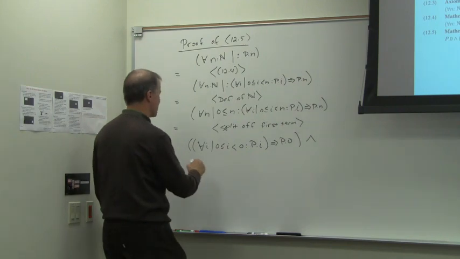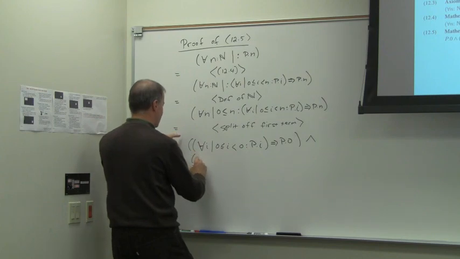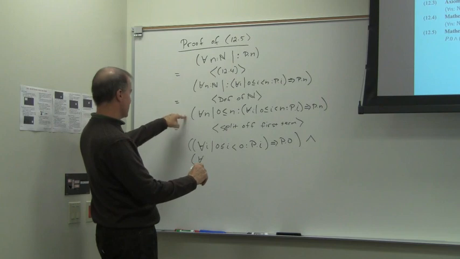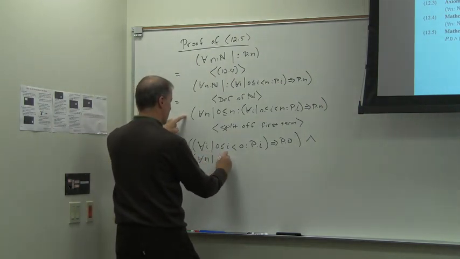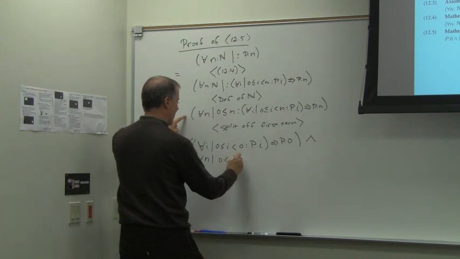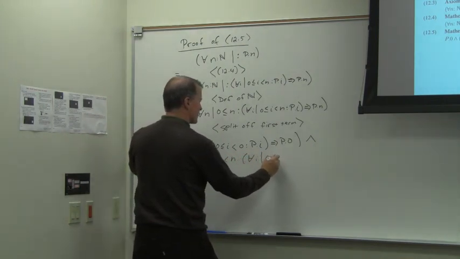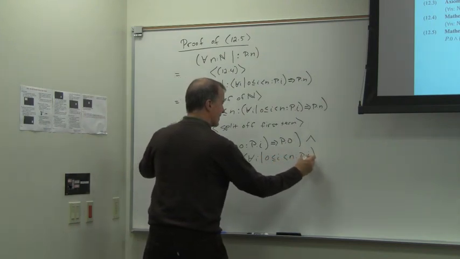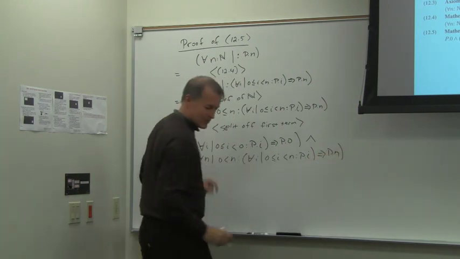So this would be and for all n, 0 less than n, body, for all I, range 0 less than or equal to I less than n, body p dot I implies p dot n, paren. Did we do that right?